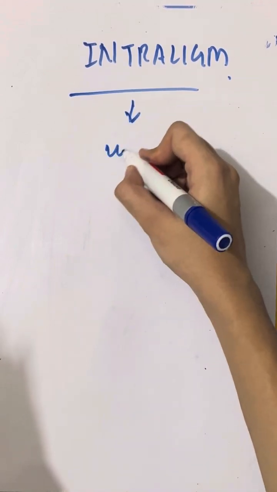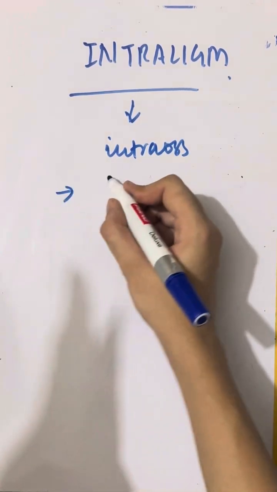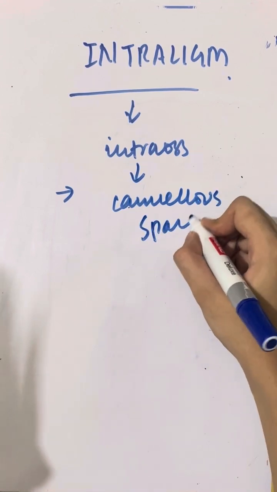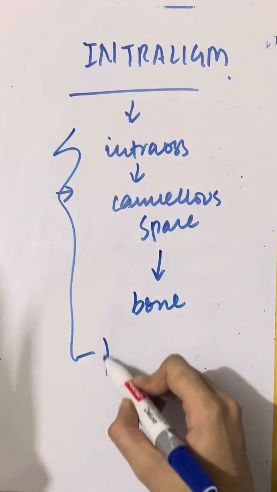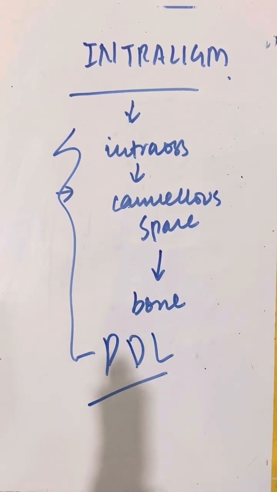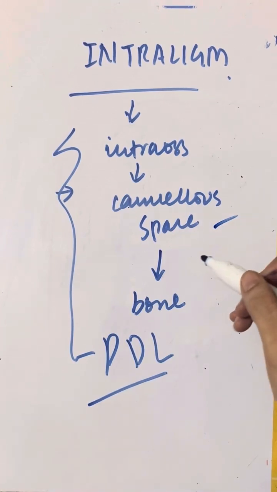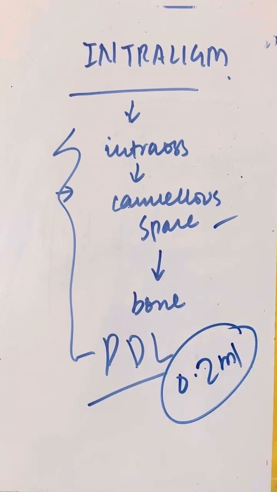An intraosseous anesthesia in which the local anesthesia goes first into cancellous bone or cancellous space, then into bone via the PDL. 0.2 ml of solution is injected.